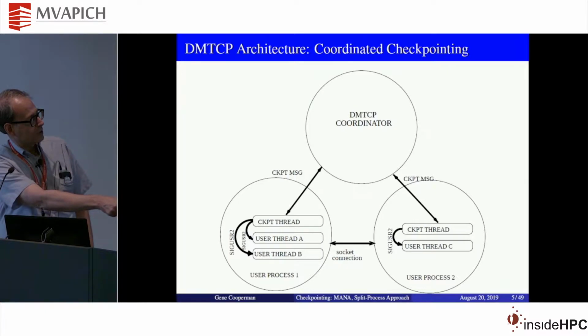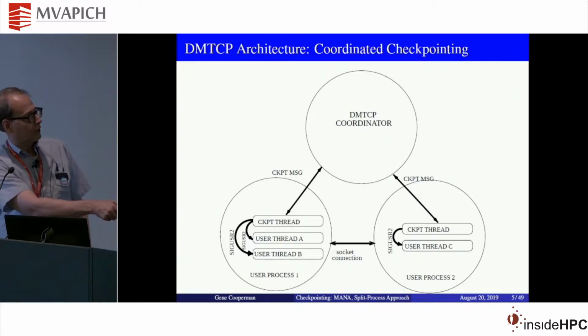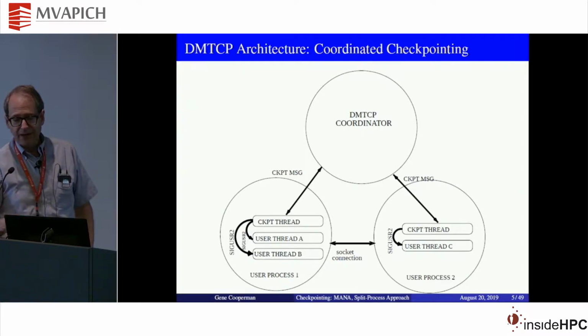That message will go to everybody in that computation. We then have to drain any data in the socket, or if that's InfiniBand, we'll have to drain it out of the InfiniBand switch. We have a way to do that I won't describe here. And then we can individually save each process as a memory image and then restore it. And naturally, we keep track of things like open files and so on.